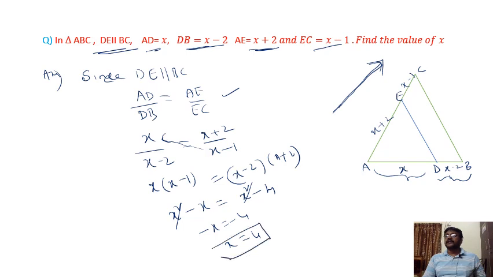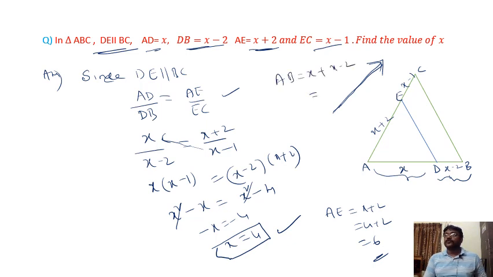Likewise, we can tell the answer. Okay, sometimes he may extend the question like this: what is the length of AB, or what is the length of AE, he may ask. What is AE? AE is nothing but x plus 2. That means 4 plus 2, that is 6 units. If it asks for AB, you just add x plus x minus 2.